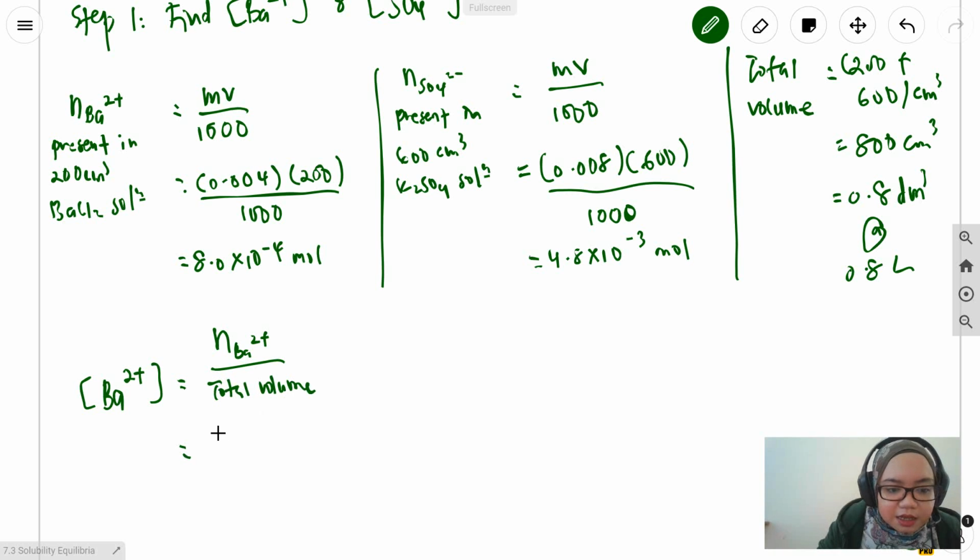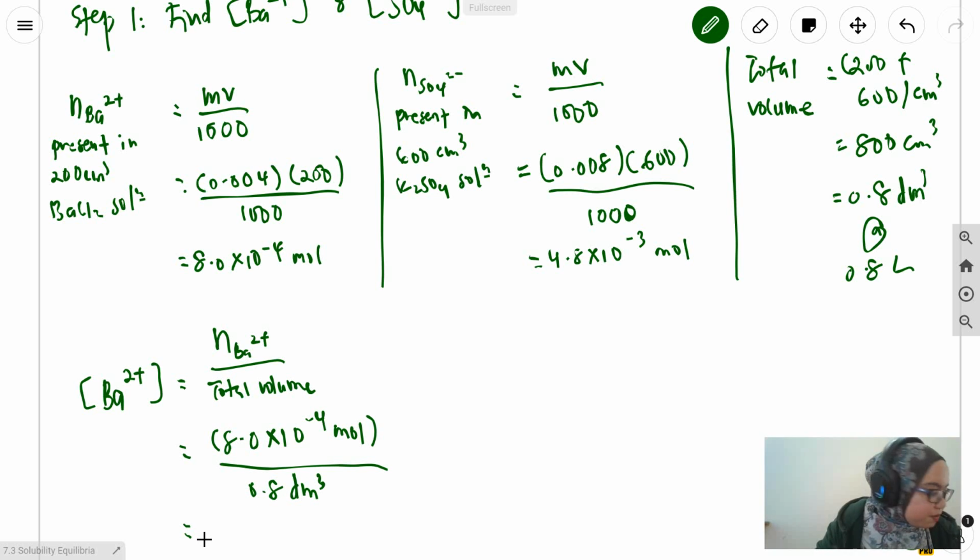You will get 8.0 times 10 negative 4 mole divide by 0.8 decimeter cube. You will get the molarity is 1.0 times 10 to the power of negative 3 mole per decimeter cube.